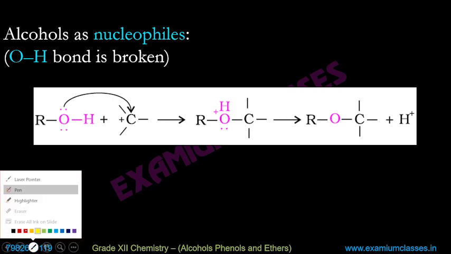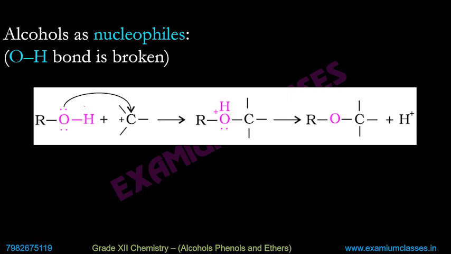You will get alcohol reacted with some carbocation. Okay, so if this is acting as nucleophile, it means there should be some positive part on which it should attack. And remember the arrows.